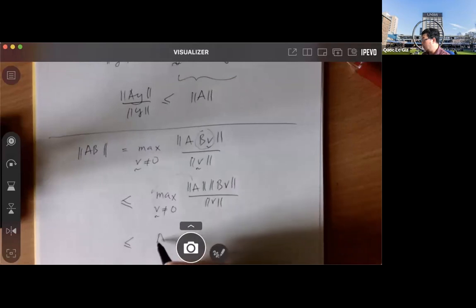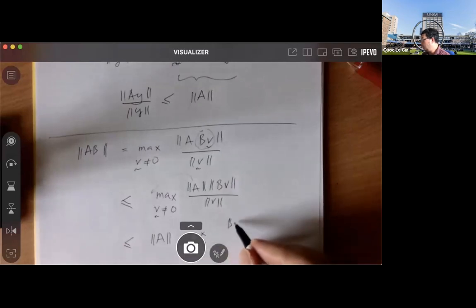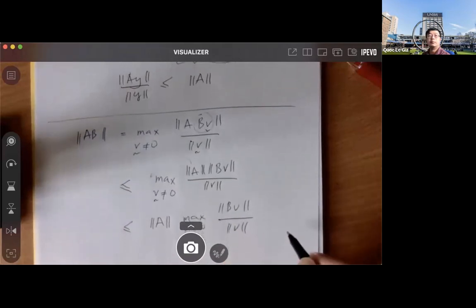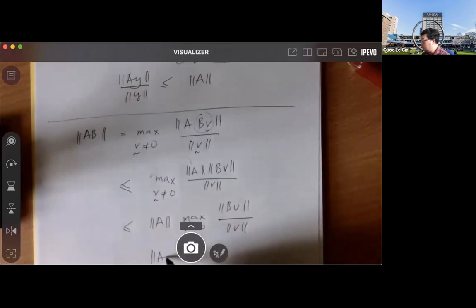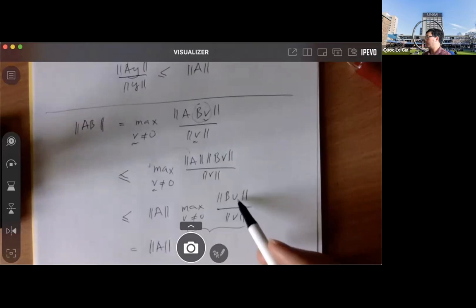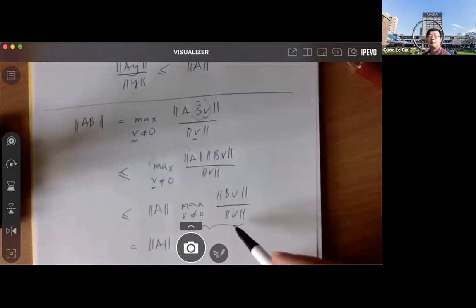So you have the norm of A here, and then you have the max over V of the norm of BV over the norm of V. So what is this quantity, the max of the norm of BV over the norm of V?